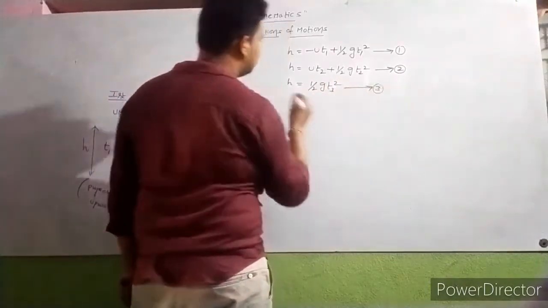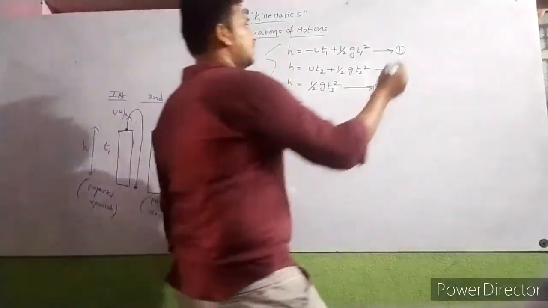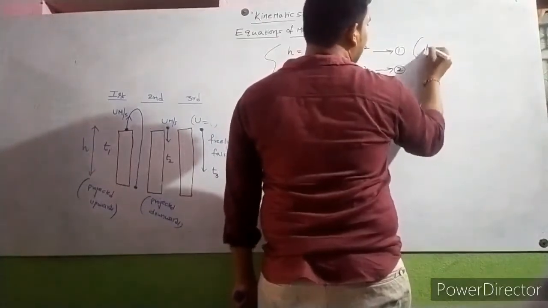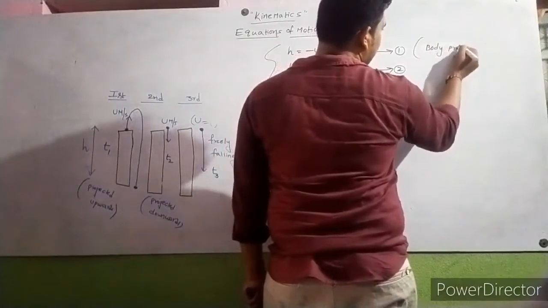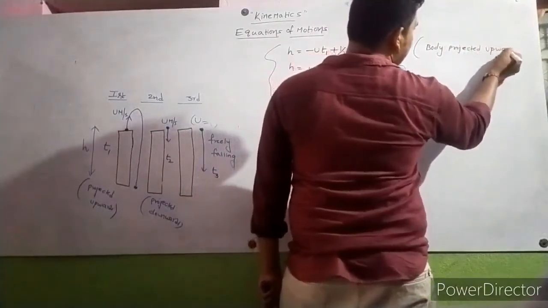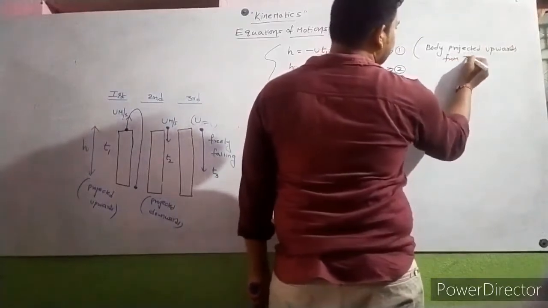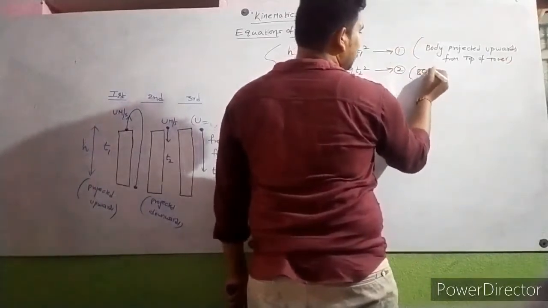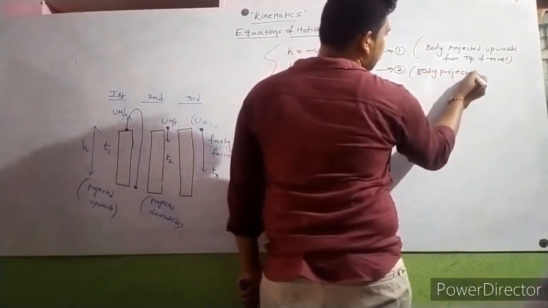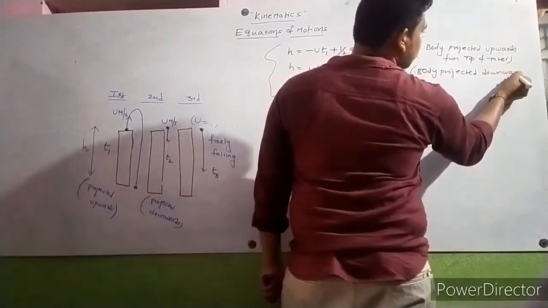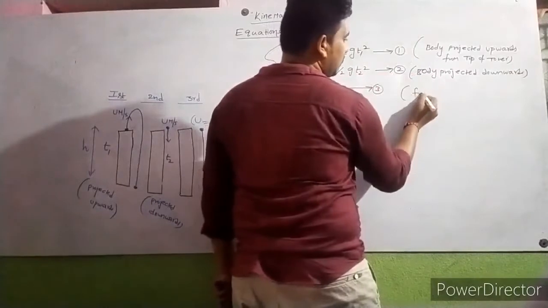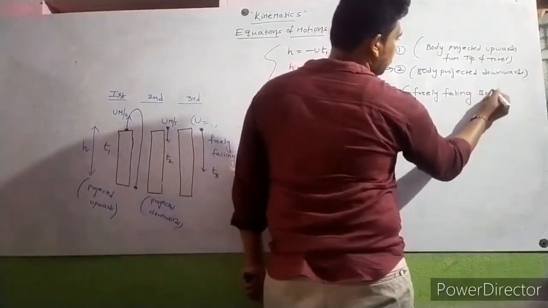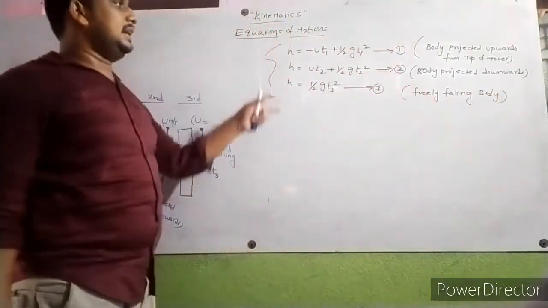The first is for a body projected upwards from the top of the tower, the second for a body projected downwards, and the third for a freely falling body. So these are the three cases.